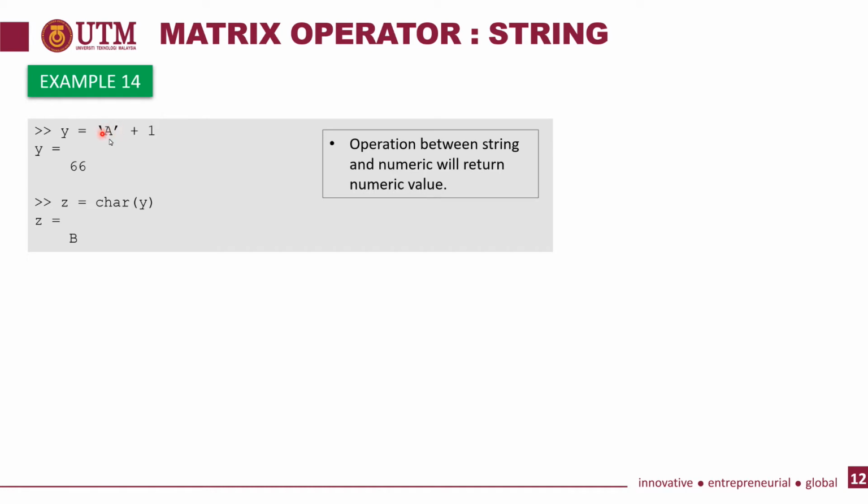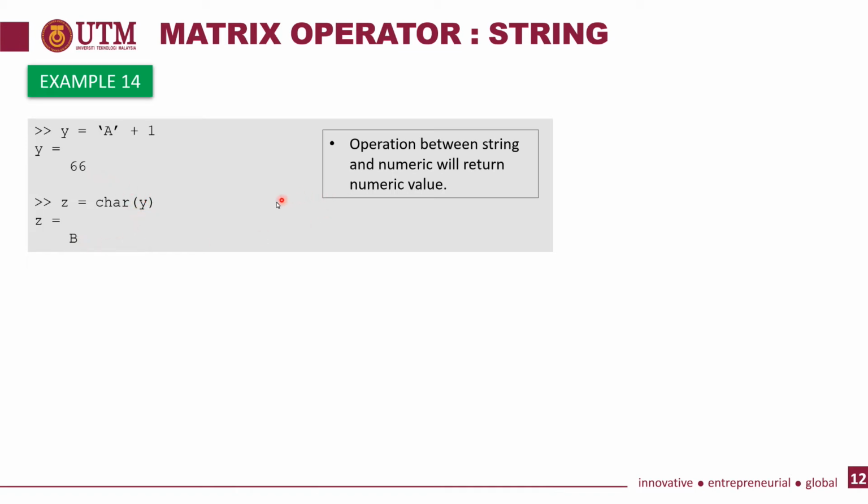So 65 plus 1 will become 66. When we want to convert it into a character again, you just need to create a variable z equals to char of y, where y is the integer 66. When we convert the value 66, it will become B.